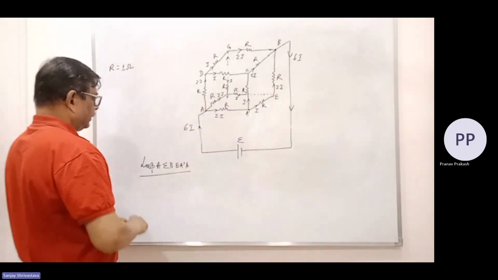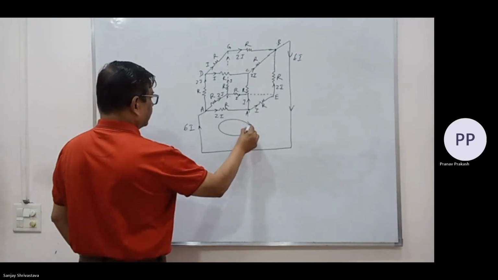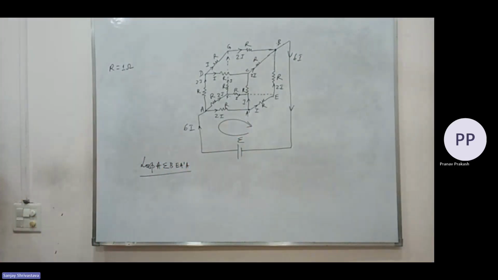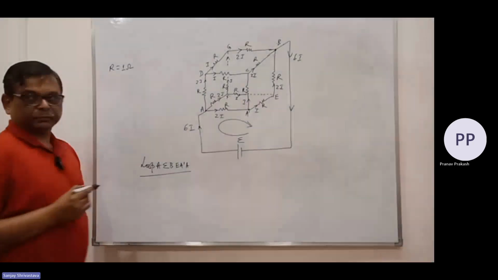So now we can apply KVL. So take this direction, because the battery is put this way and the double leg this way.